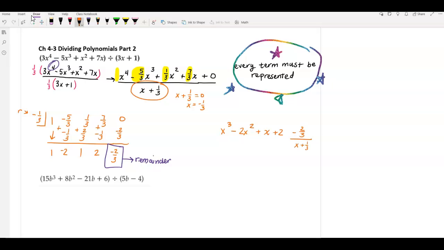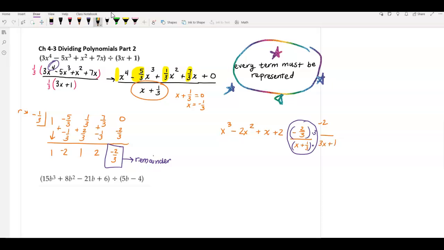However, x plus 1/3 was not our original divisor. So what we need to do is multiply both our numerator and our denominator by 3. So now, when I multiply negative 2/3 times 3, that gets me negative 2 over 3x plus 1.